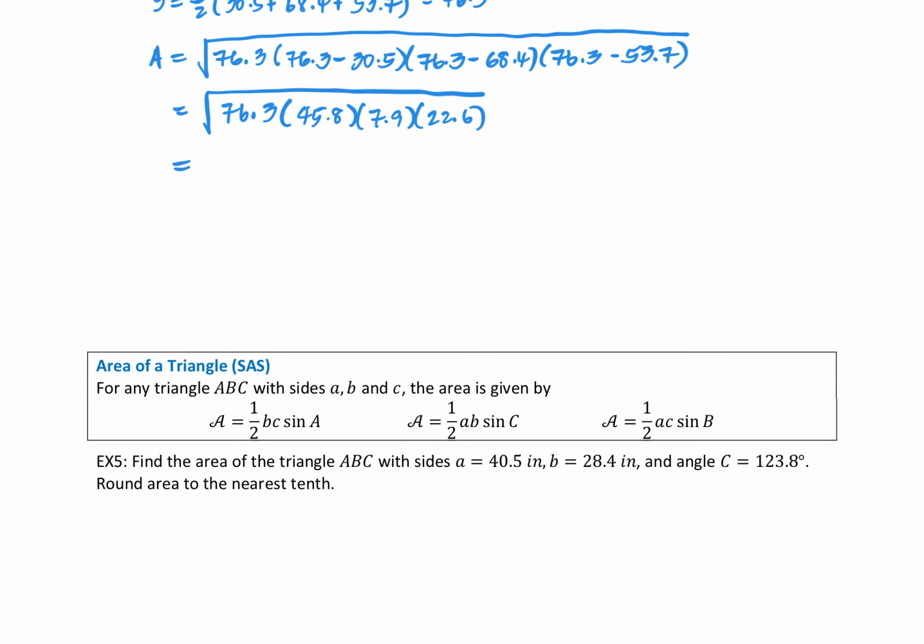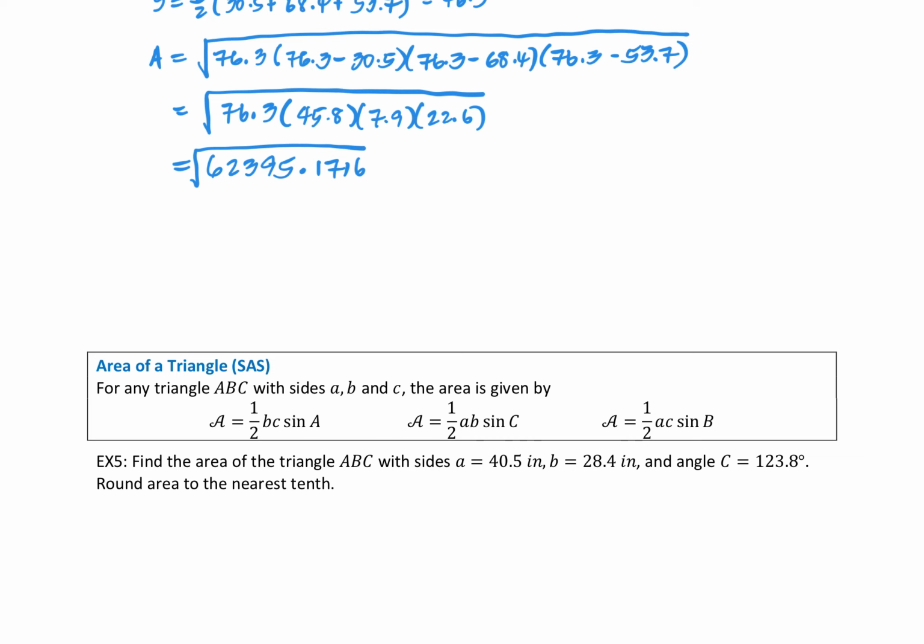Now, this is actually an exact value, 62395.1716. Now, how do I know this is not an approximation?